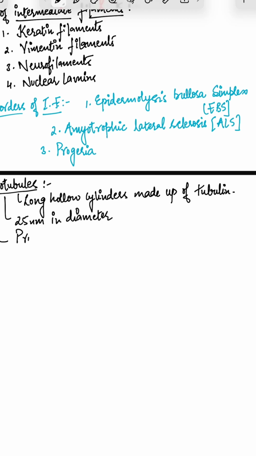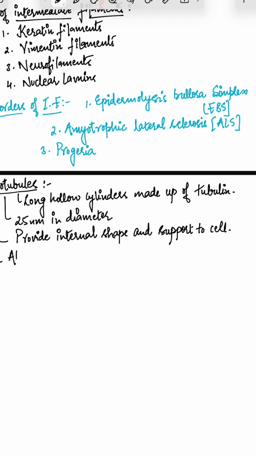Their role in cytoskeleton is to provide internal shape and support to the cell. They are also involved in nuclear and cell division. So when a cell is under division, they are involved in DNA and cell division.